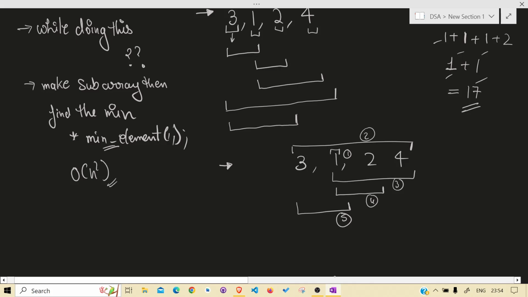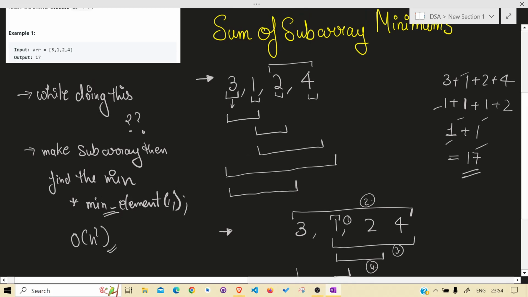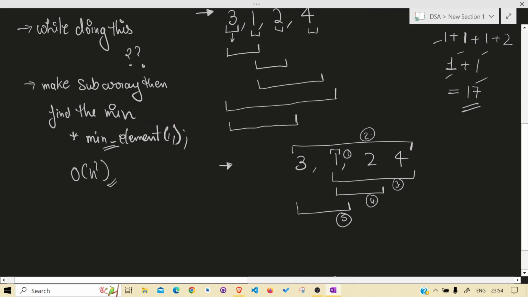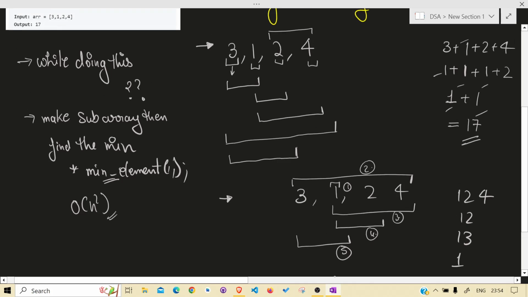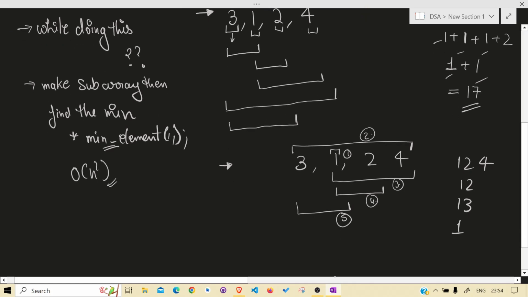Are we missing something? 1, 2, 3, 4, 5, and 6. We are missing something. 1, 2, 4, 1, 2, 1, 3, 1 in itself. 2, 1, 4, 1, 3 not 1, 3, 3, 1. 1, 2, 4.